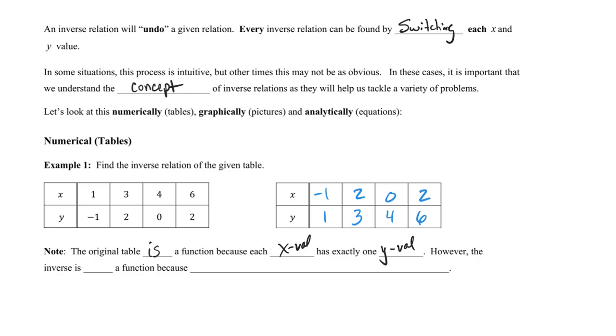However, the inverse is not a function because the input of 2 has two different outputs. Okay, for every one x there can only be one y, and the x of 2 gave me a 3 one time. Well, later on it gave me a 6, so that one is not a function.